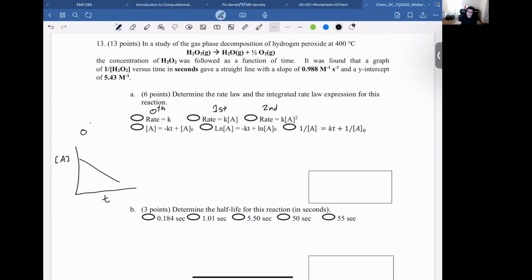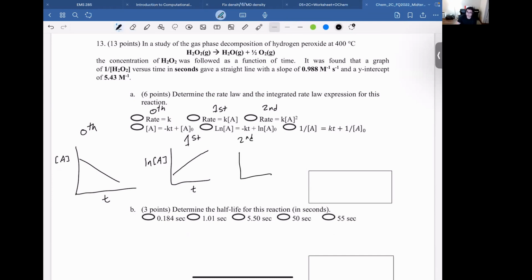For a first order, when you plot the ln of concentration versus time, then you get a linear line. I think this one goes up, I can't remember the trends. As ln concentration of A goes down, I think it's positive. The important thing is that it's a line that you get.